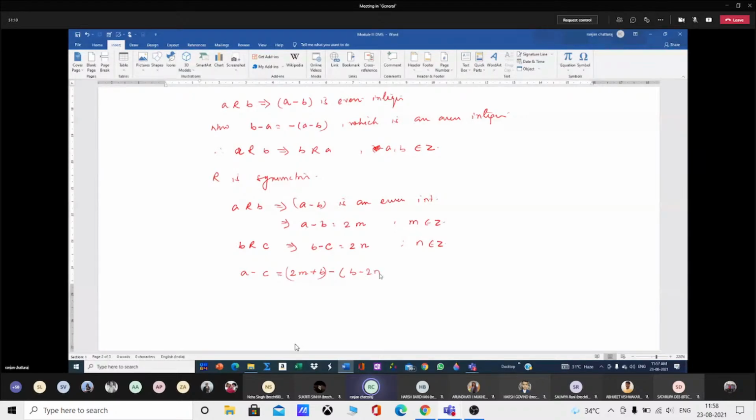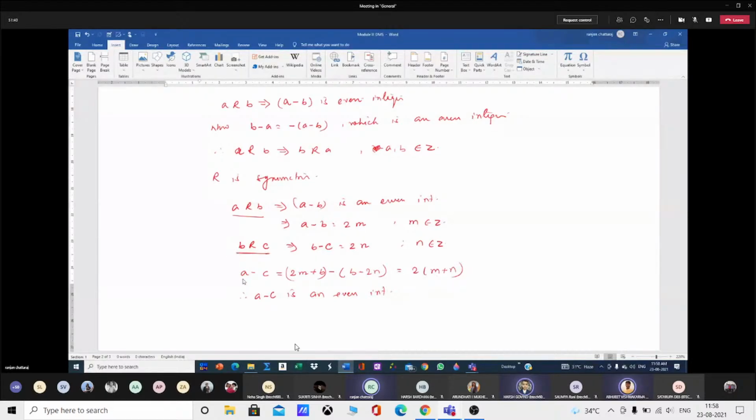M plus N is also an integer. So A minus C is an even integer. So if A is R related to B and B is R related to C, then A is R related to C. So it is transitive.